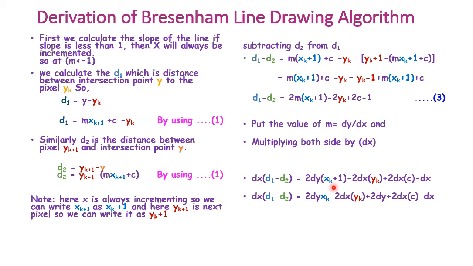So solve this equation, so we get dx in bracket d1 minus d2 is equal to 2 dy xk minus 2 dx yk plus 2 dy plus 2 dx c minus dx.